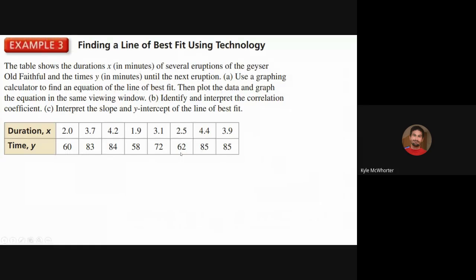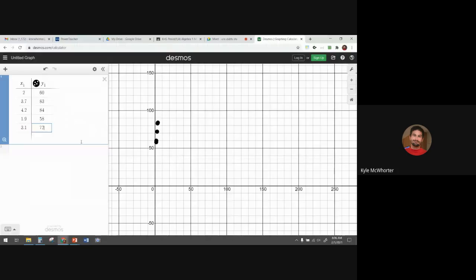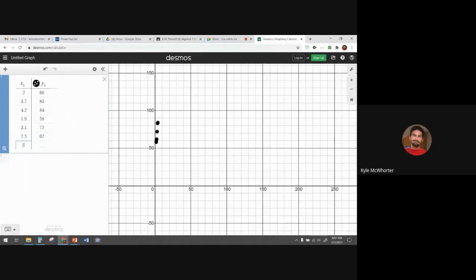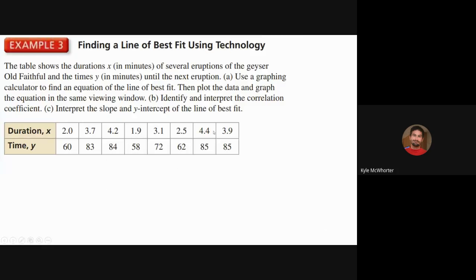And 2.5 and 62. And 4.4 and 85. And 3.9 and 85.